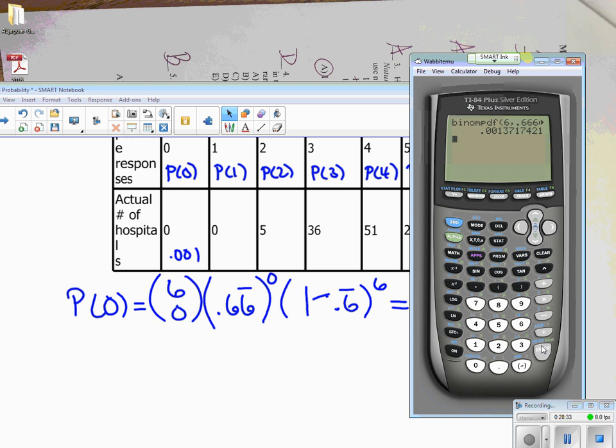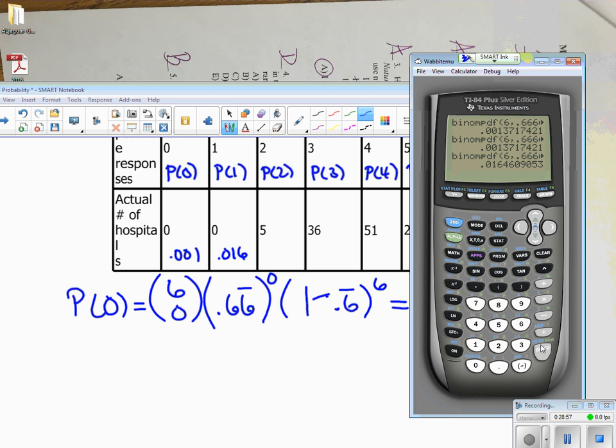And then if I wanted to find the probabilities fairly quickly, I could go ahead and do the same exact thing, except change the last number in each case. So change it to a 1, I get 0.016. Change it to a 2, and I'll just write them down.